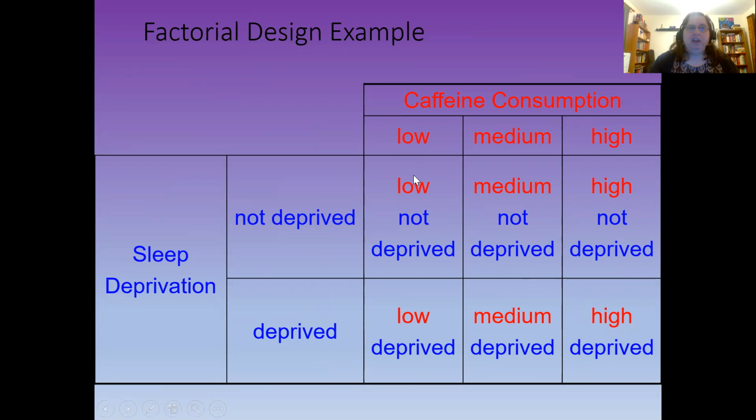Within those groups, we're going to have people with low caffeine consumption, medium caffeine consumption, and high caffeine consumption. So you can see we have 6 groups. So we can pretend for the moment that we have 60 people and 10 people in each of these cells.